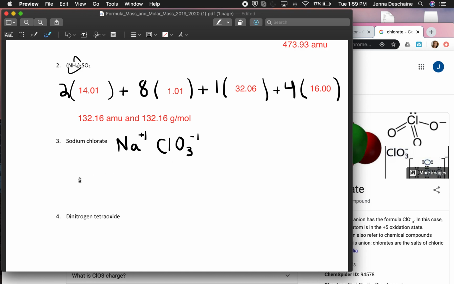So I have 1 sodium atom. I'm going to add that to 1 chlorine atom. And then 3 oxygen atoms. Okay? And that would give me my answer. So I'm going to go back to the periodic table real quick.